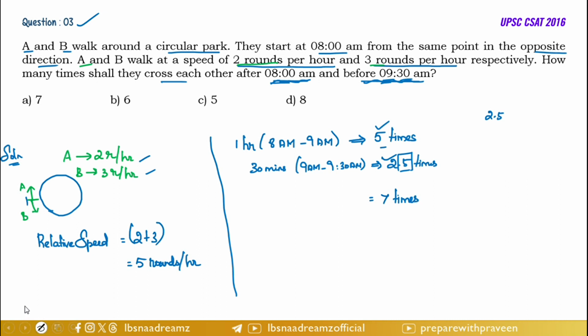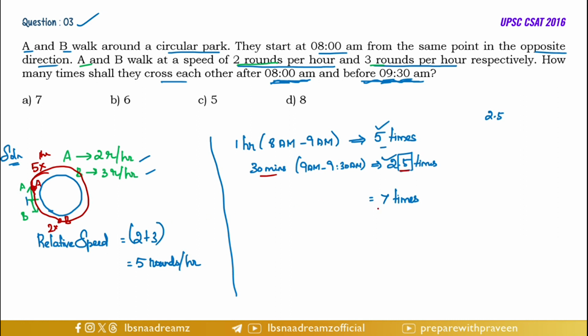Let me explain this situation. They have crossed each other 5 times in 1 hour. And in another 30 minutes, they have crossed another 2 times. So after 1 hour 30 minutes, consider A is here, B should be here, because we have 0.5, which is incomplete.